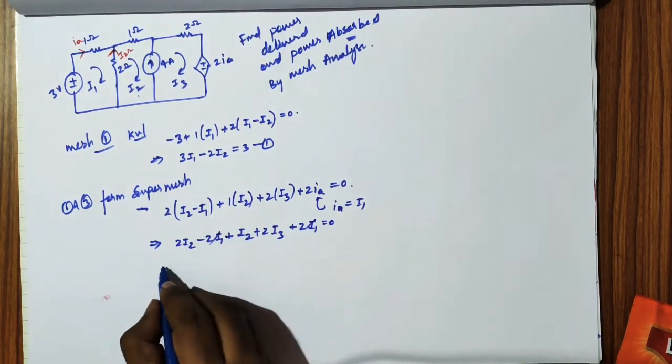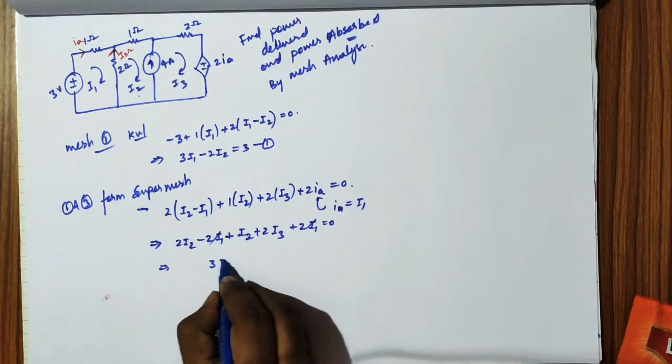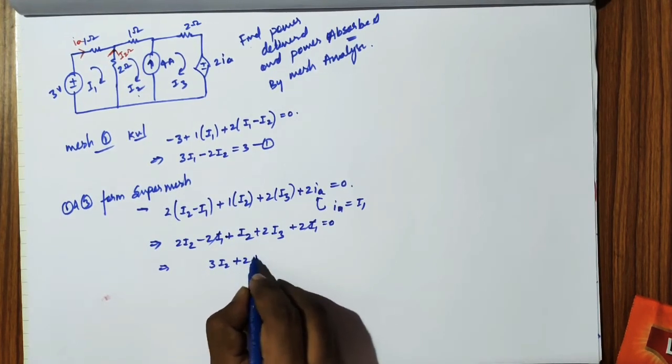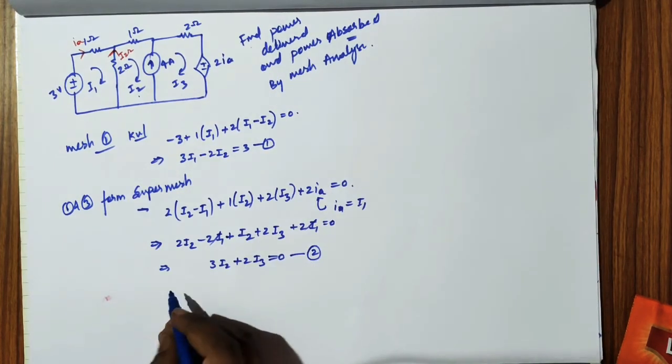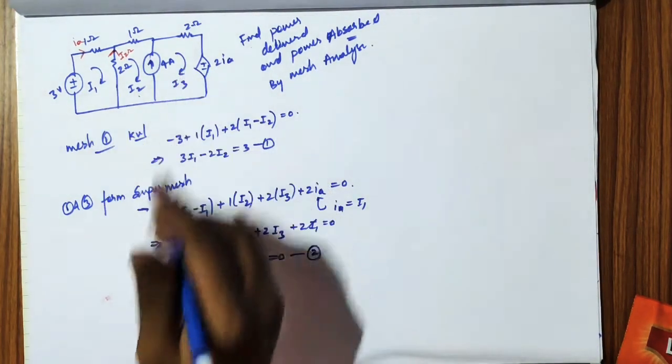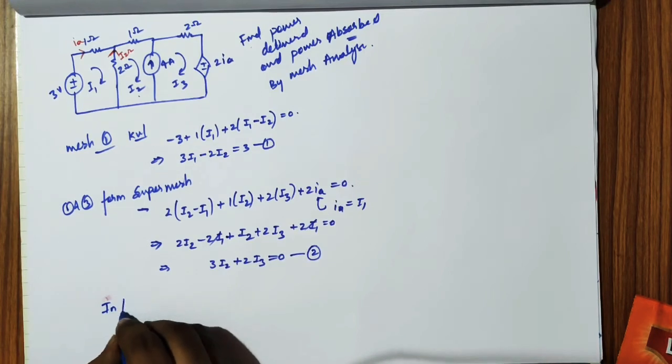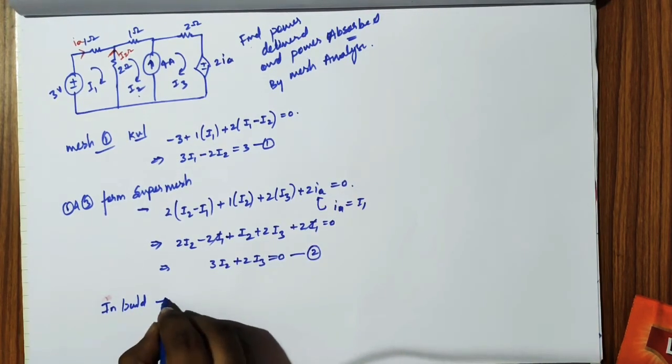Cancelling, you get 3I2 plus 2I3 equal to 0. This is equation 2.